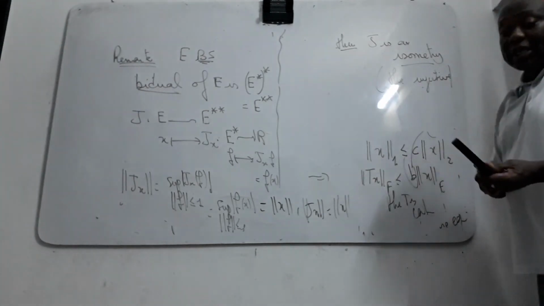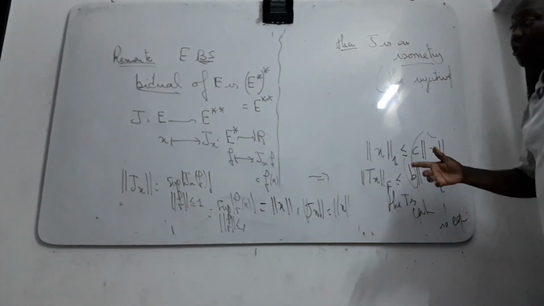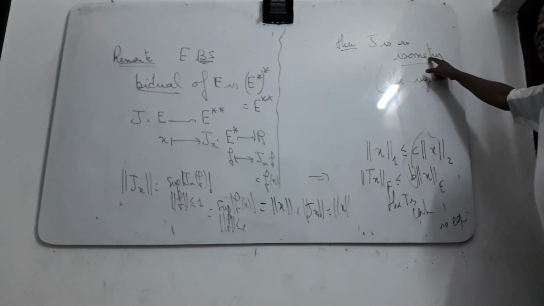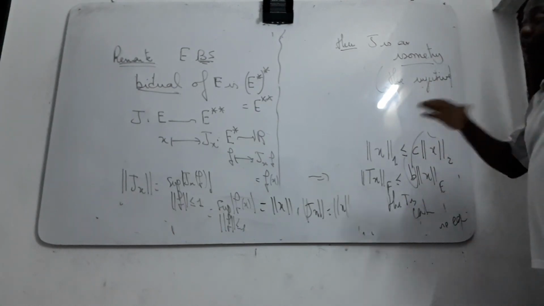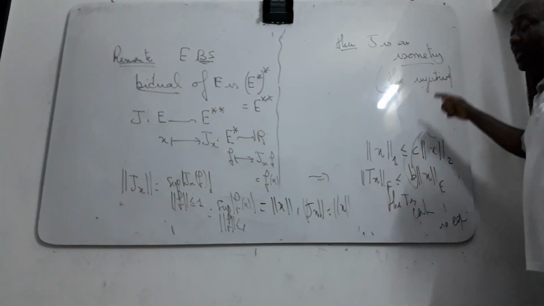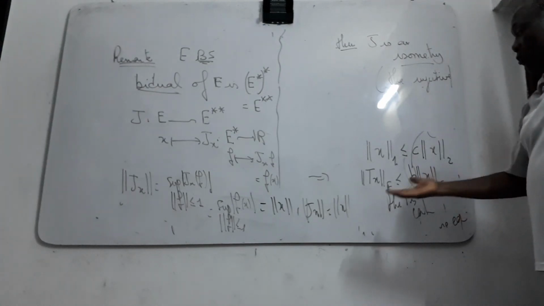Now, I want to tell you that if your E is not finite dimensional, your isometry is not necessarily bijective. An isometry is just a map which preserves the norm.